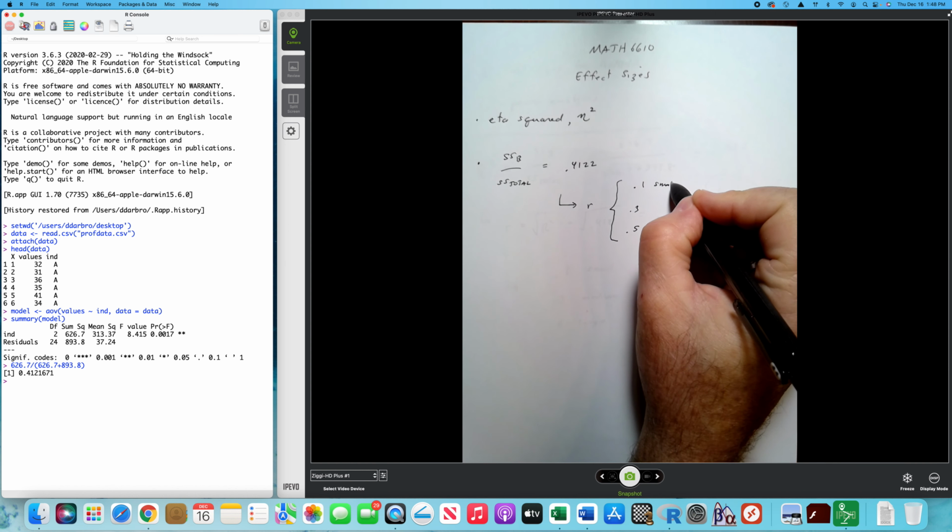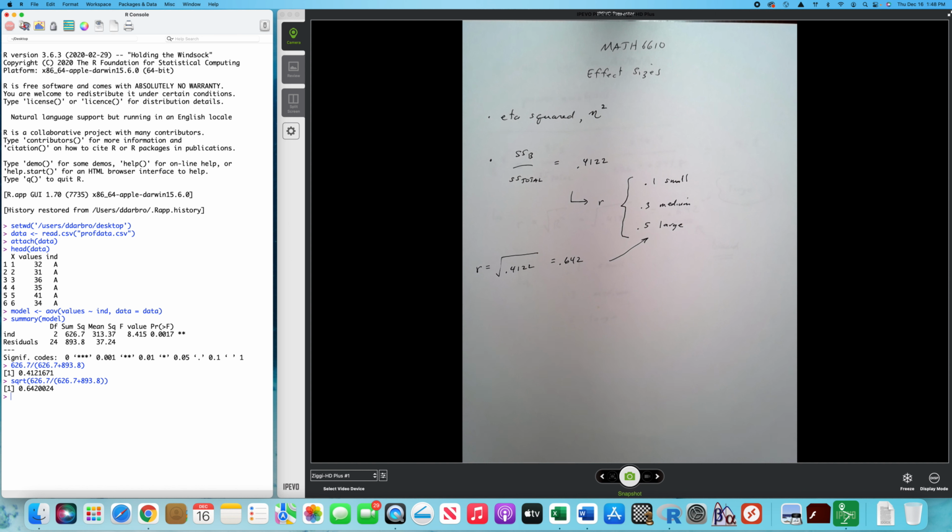According to this standard, that's clearly above 0.5. So we see that effect size represents a large effect. So something is going on here between analyzing quiz scores, the difference in mean quiz scores across instructor, professor.